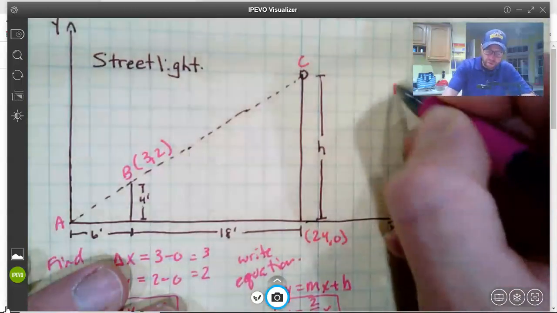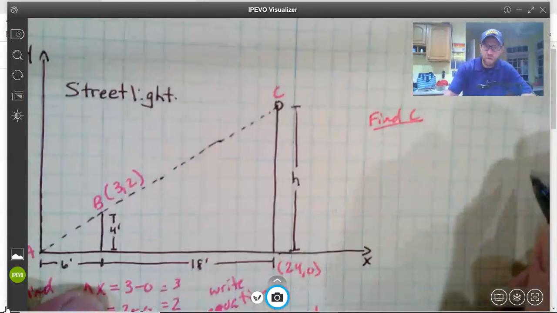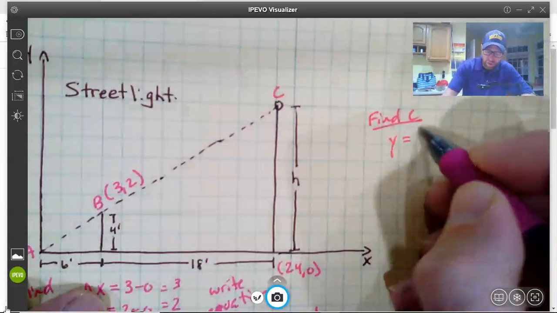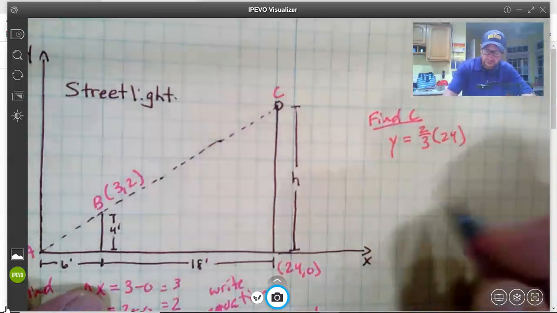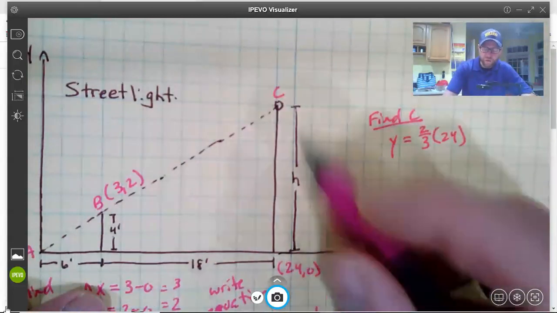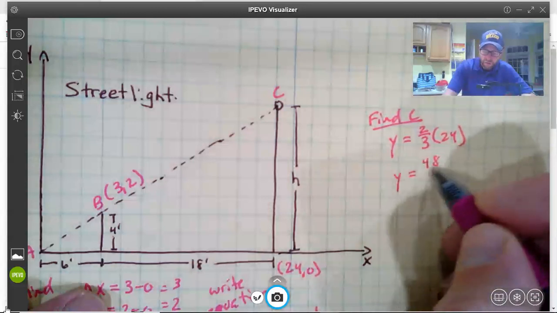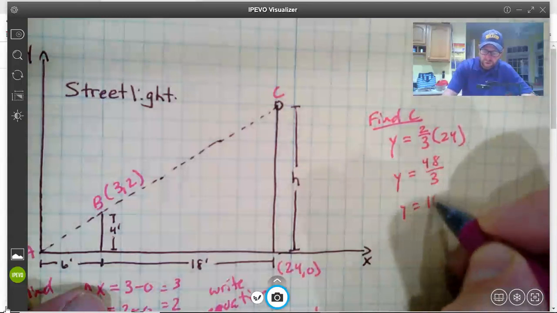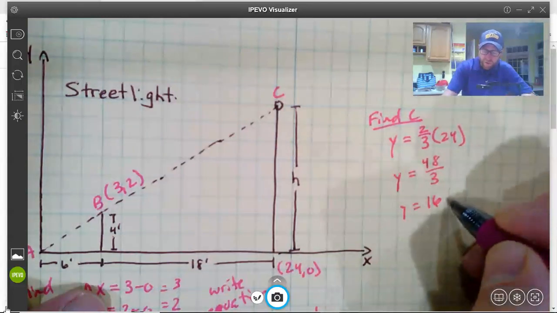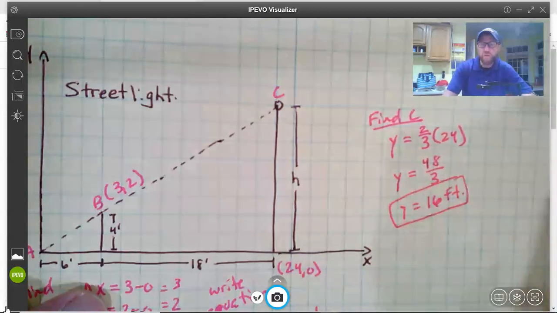So let's go up here, find C. So y equals 2/3, and we plugged in 24, the x-coordinate beneath C, and that's 48/3, which simplifies to 16, and we'll toss our units back in there because this is measured in feet. So the street light is 16 feet tall.